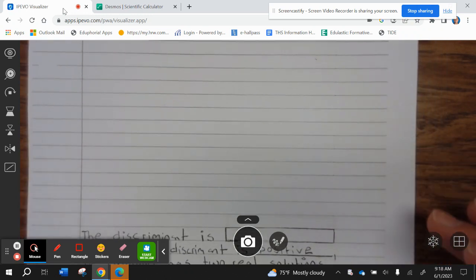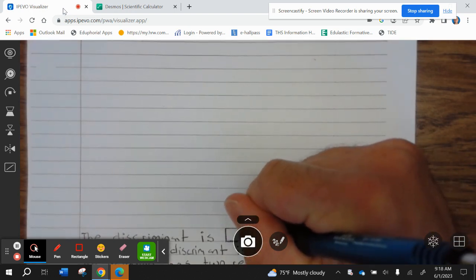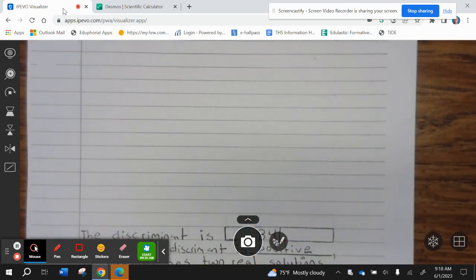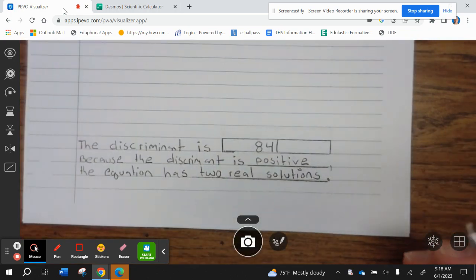Okay, the discriminant is 841. Because the discriminant is positive, the equation has two real solutions. All right, go ahead and finish up example 4.